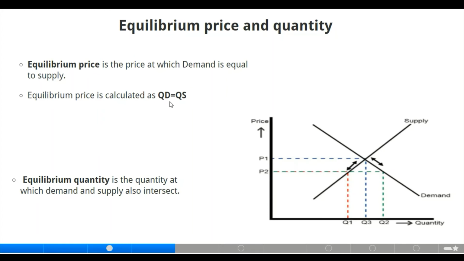Equilibrium price is calculated as quantity demanded equals quantity supplied. We arrive at our equilibrium price according to this formula. Our equilibrium quantity is the quantity at which demand and supply intersect, which is also here. We have quantity 3 as our equilibrium quantity.